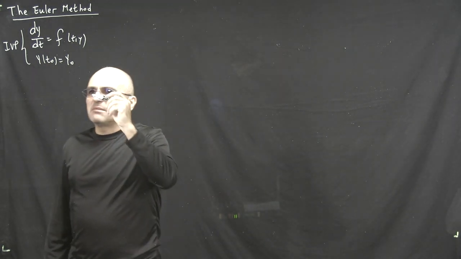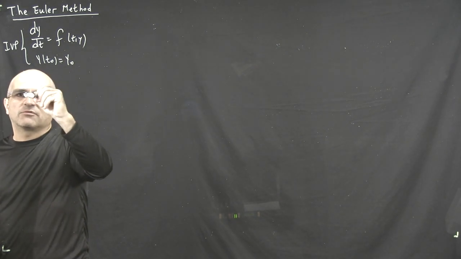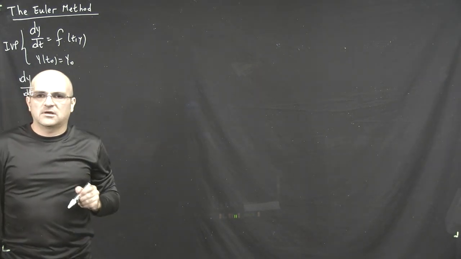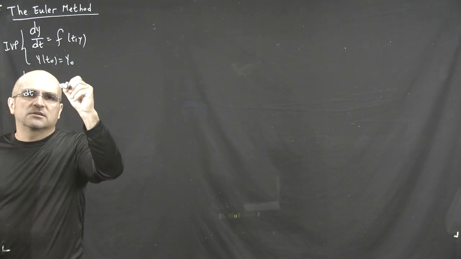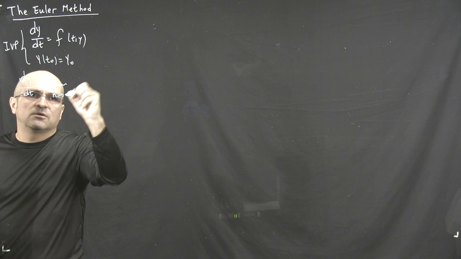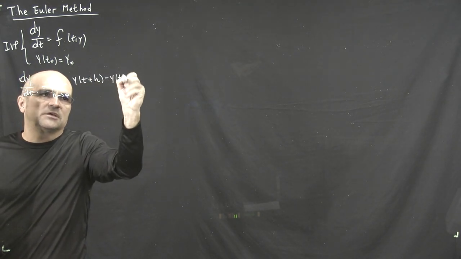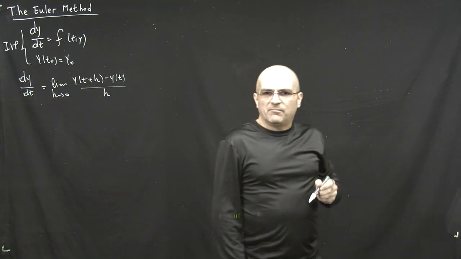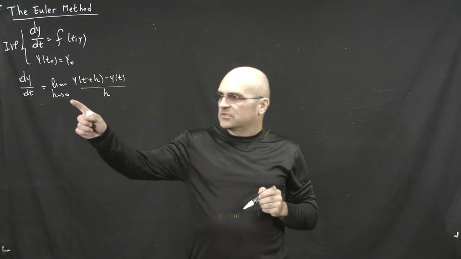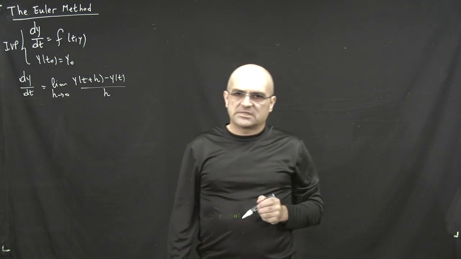So from calculus 1, remember that dy/dt, the derivative of any function with respect to t, is actually the limit of the difference quotient y of t plus h minus y of t over h. So in other words, the limit of the difference quotient as h goes to 0 is the derivative at the point t.